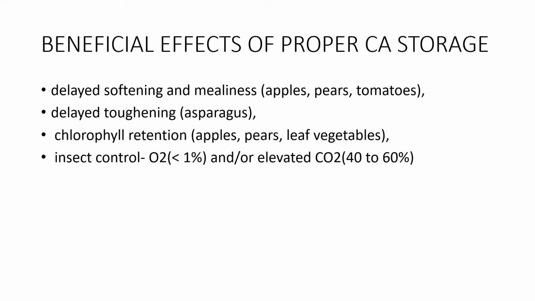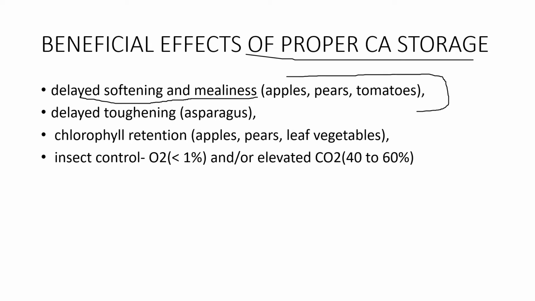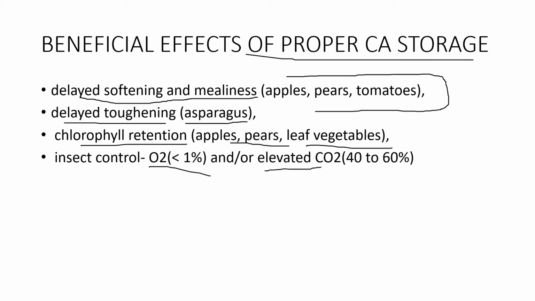So some of the beneficial effects of proper CA storage can be delayed softening and mealiness, which can occur in apples, pears, tomatoes, delayed toughening such as in asparagus, and we have chlorophyll retention in apples, pears, leaf vegetables, and insect control, such as less oxygen and elevated CO2.